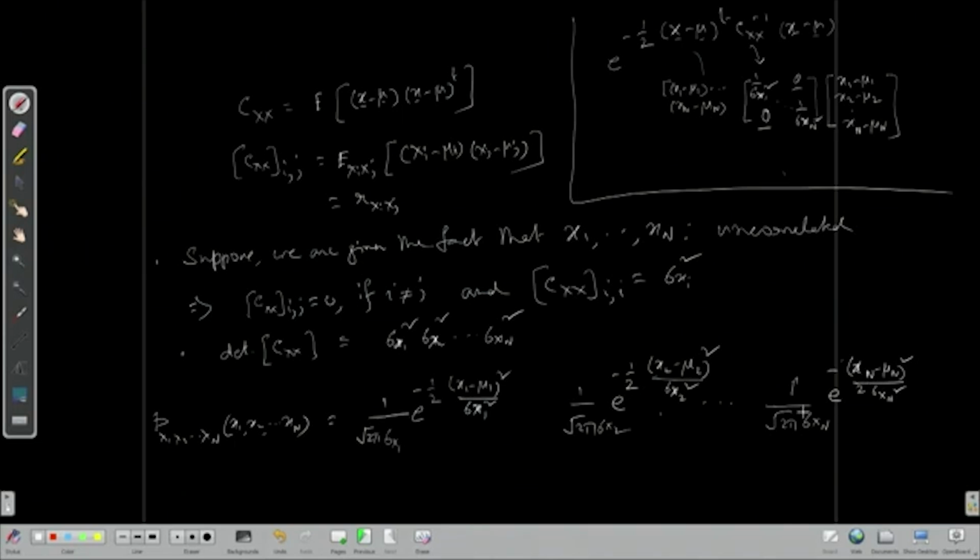You can just multiply these exponentials, you see, so the exponent powers will get added up and you will get that.